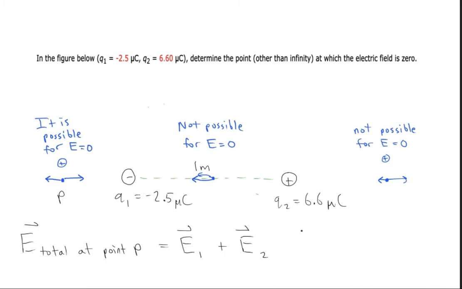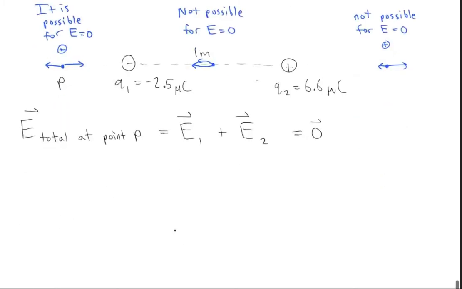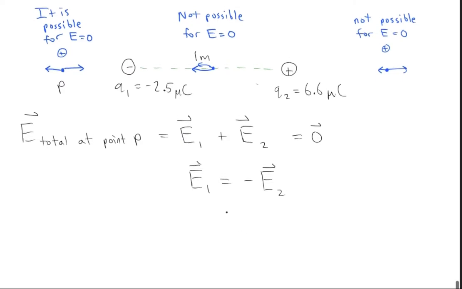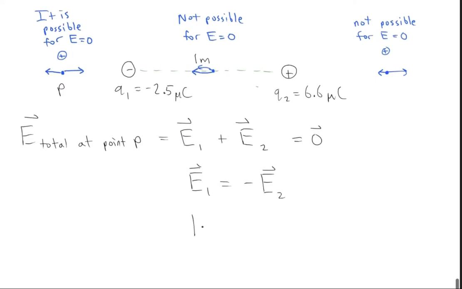And we want that total to equal zero. Okay, so in other words, we need E1 to equal the opposite of E2. Or in other words, we simply need the magnitude of E1 to equal the magnitude of E2.